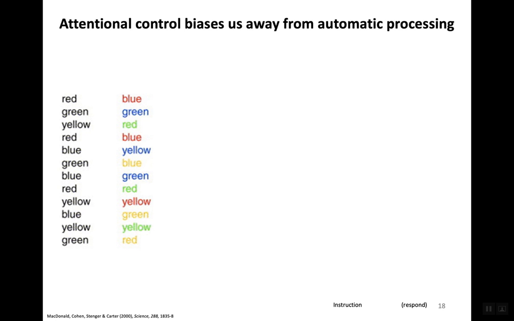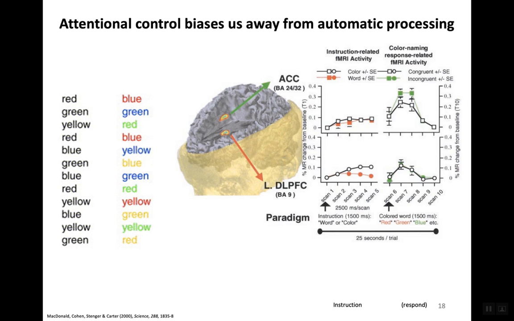And there have been many studies using the Stroop task over the last 2 decades using neuroimaging techniques. And this study by McDonald and colleagues from 2000 happens to be one of those landmark studies that tried to get to the involvement of the attentional network in processing words and naming colors in the context of a Stroop task. And what they found is quite interesting.